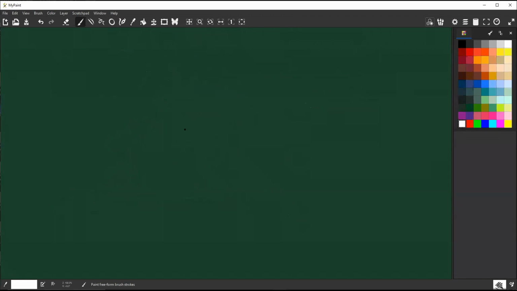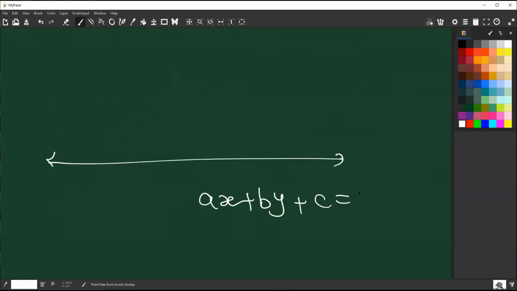Achha, before I do that, do you know that if this is a straight line whose equation is ax plus by plus c is equal to 0, and this is a point x1, y1. Suppose I call this point P. This is PM. So what is this PM? Tell me.